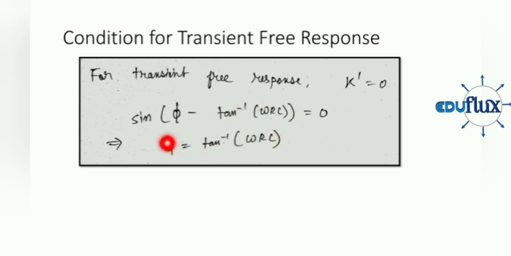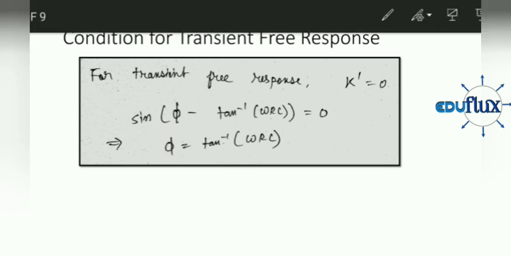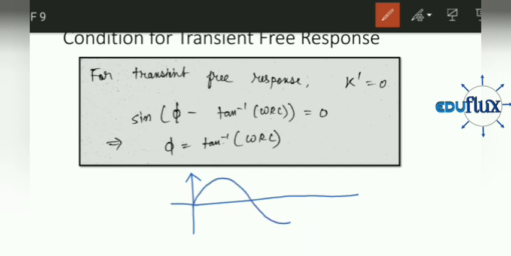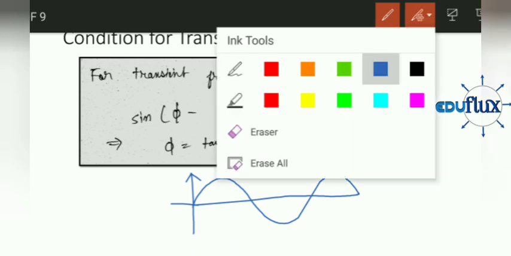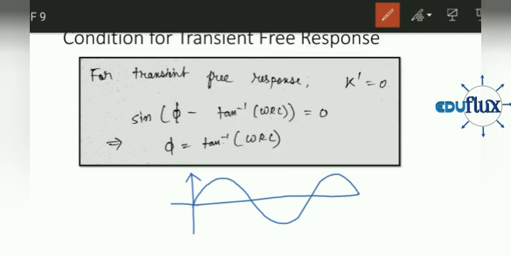Now phi is the phase angle. So I told you earlier in the very first slide that this phi will represent the delay. Suppose I am drawing a sine wave like this. Now we want to add some phase difference.